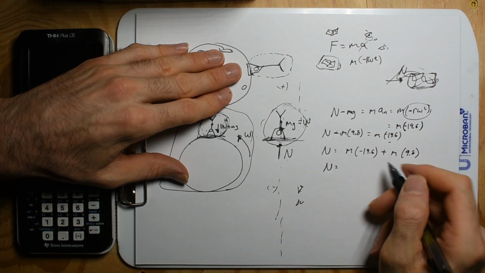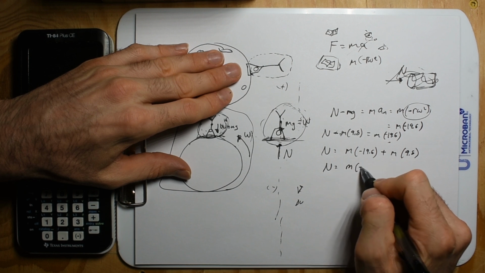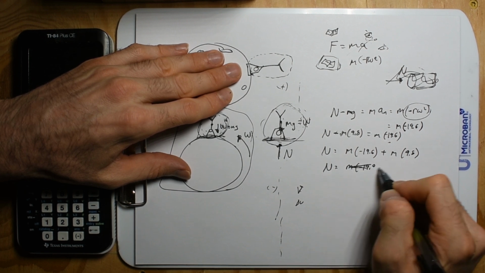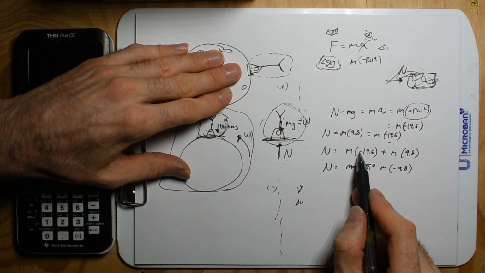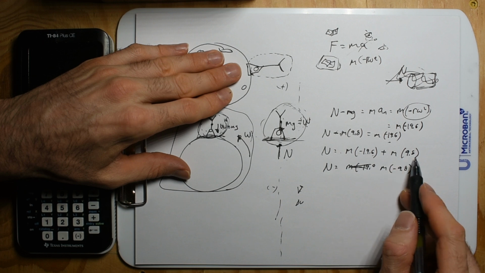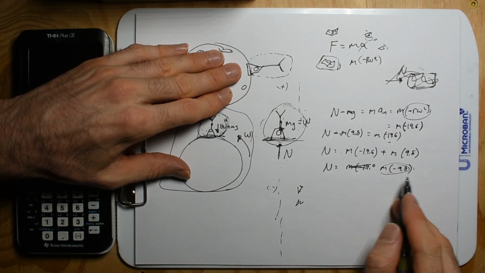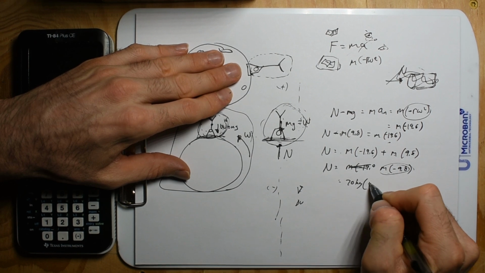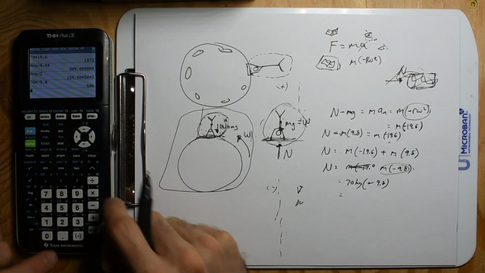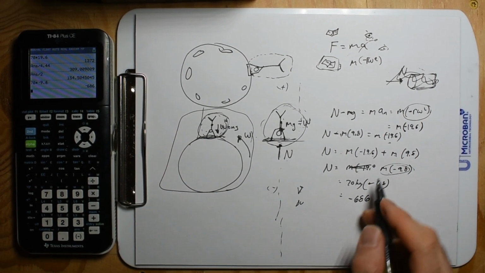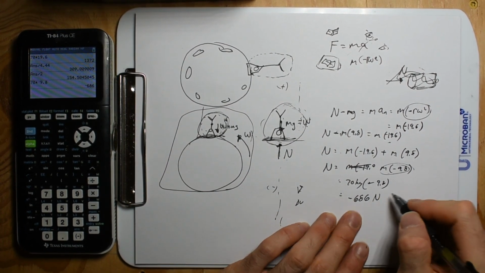So we're going to feel a normal force of negative 19.6 times m plus m times 9.8, which is going to be negative 9.8 times m. So we have 70 kilograms times negative 9.8, and we get negative 686 newtons.